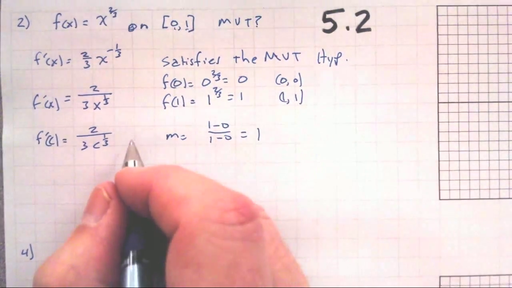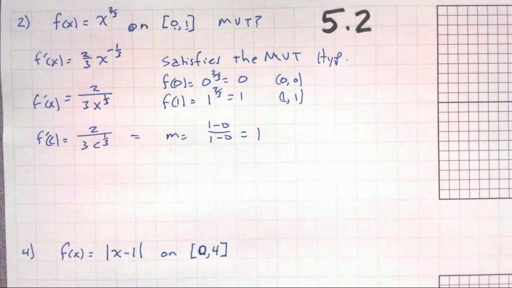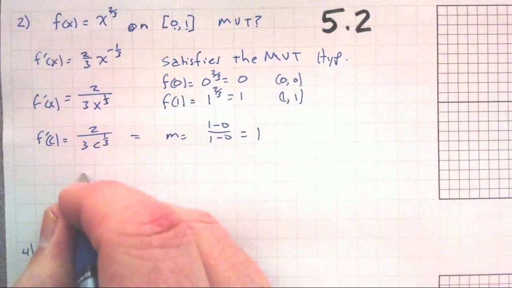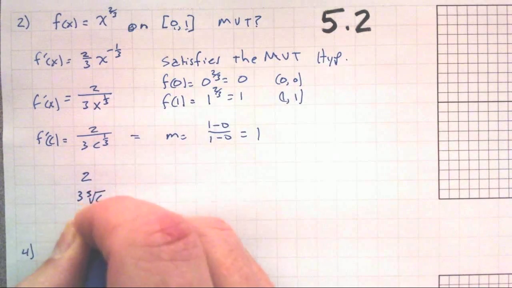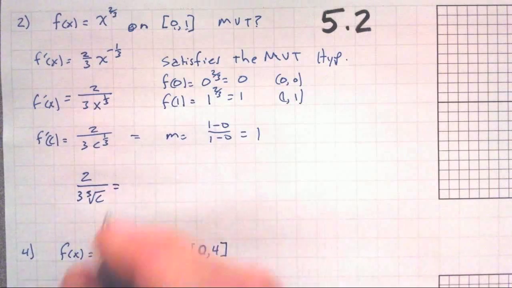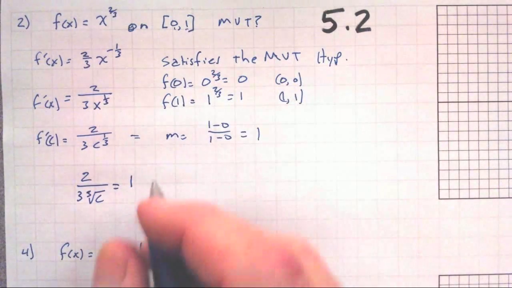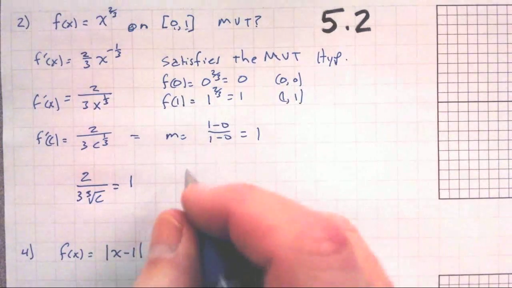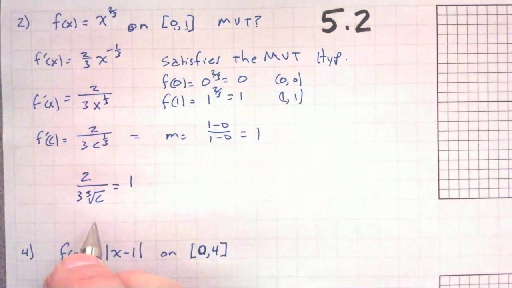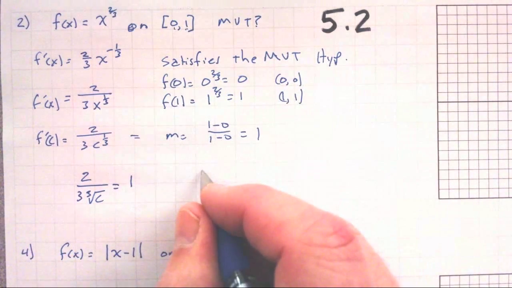So I want to find when these guys are equal. So therefore, 2 on 3 times third root, if you like, of c is supposed to equal 1. If I cross multiply, I get, let's see, I'm going to put that over here. I don't have much room left there.